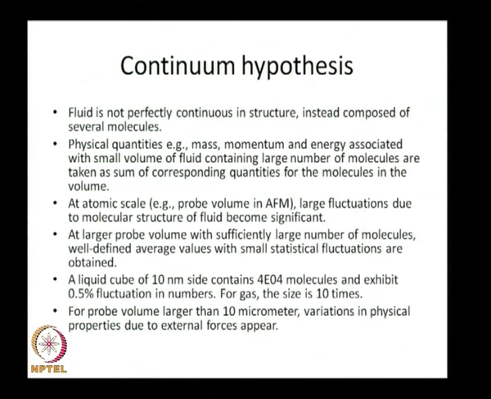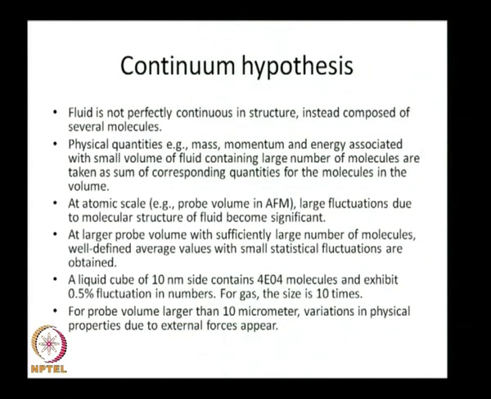I can point out that for a liquid cube of side 10 nanometer, that contains approximately 4 into 10 to the power 4 molecules, and it has about 0.5% fluctuation in numbers.